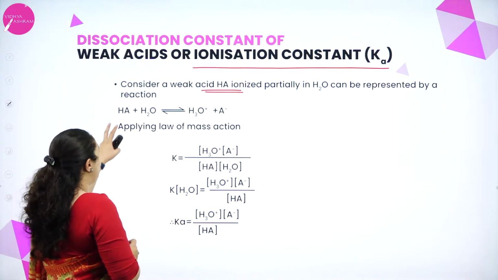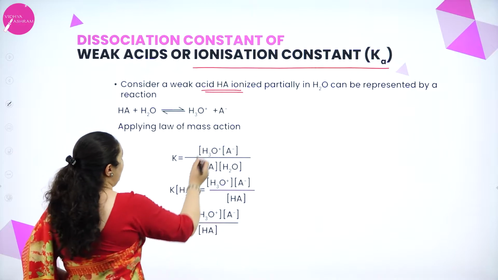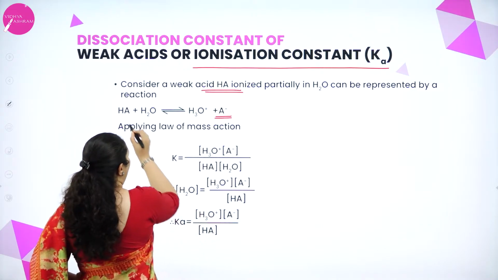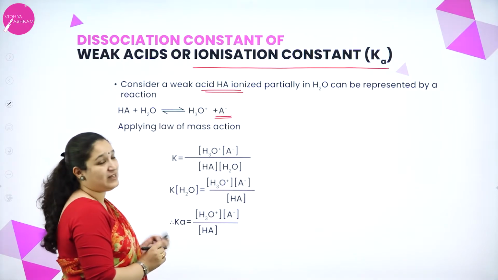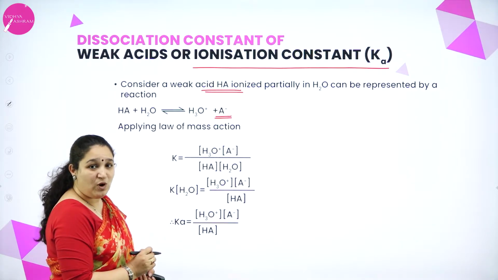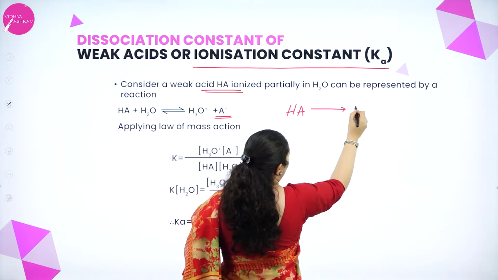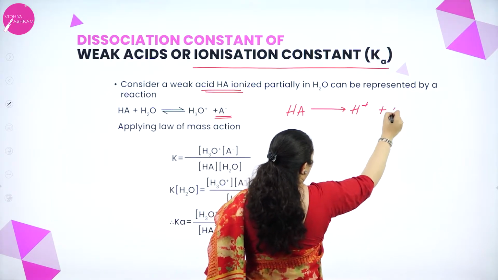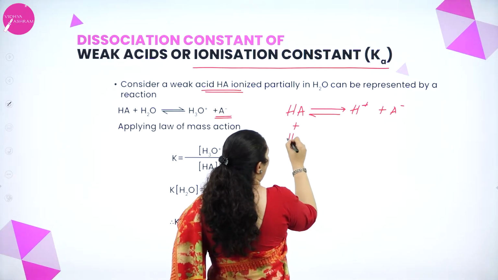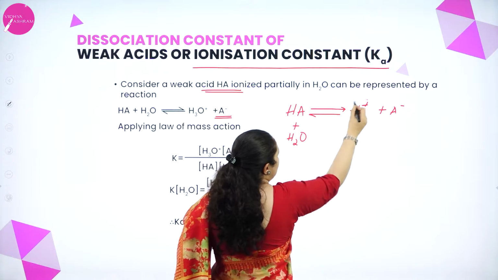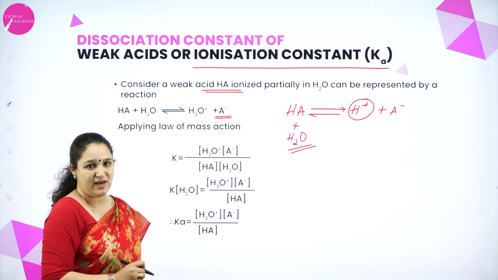When a weak acid is added to water, it will ionize to give A minus ion and H plus ion, which is accepted by water to form H3O plus. So, HA will actually dissociate to give H plus ion and A minus ion, but because there is water H2O, this H plus ion is accepted by water to form H3O plus ion.